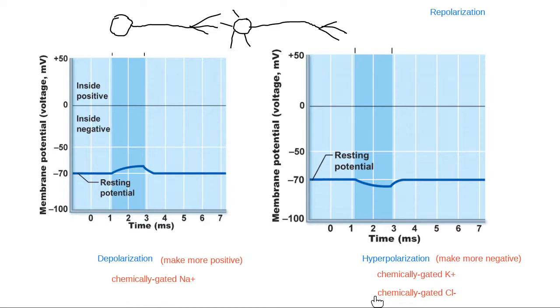So those chemical keys are really important. Not only do they open a particular type of ion channel, they also have a particular kind of effect on the charge on the membrane.